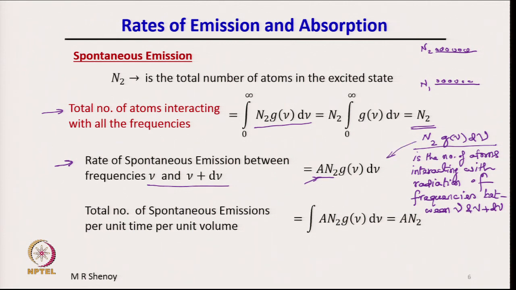Similarly, the total number of spontaneous emissions per unit volume is A times N2 as before, as in the last class. The total number remains the same, but over a range of frequencies the fractional number of atoms interacting is given by this expression after we introduced the line shape function.